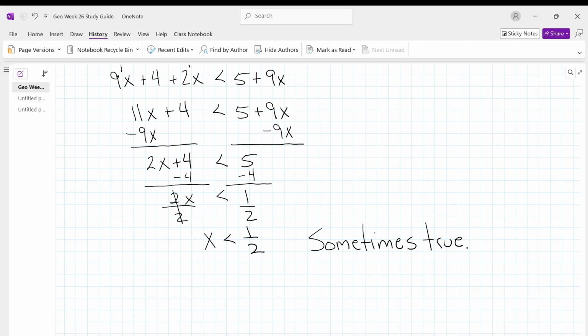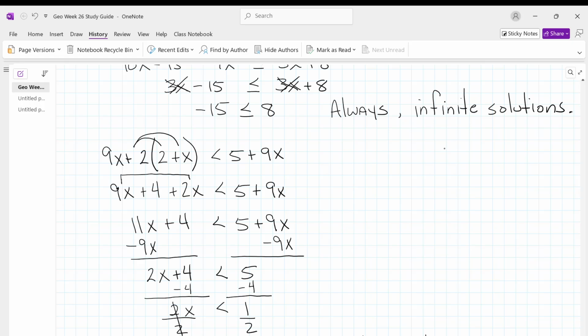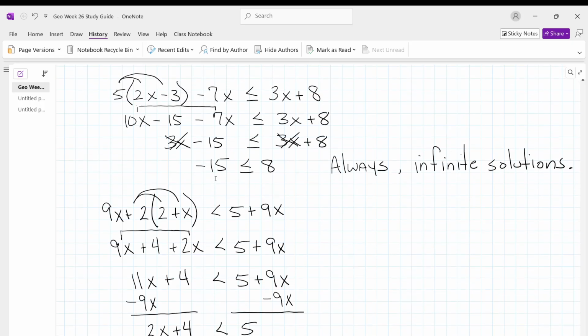So does that make sense to everybody? Does anybody not understand the difference between always, sometimes, and never? All right, when you get a regular answer like we did yesterday, that's sometimes true. When you get to this step in your problem, the x's have canceled out, and whatever you have left is true.